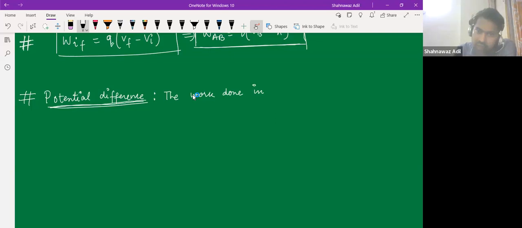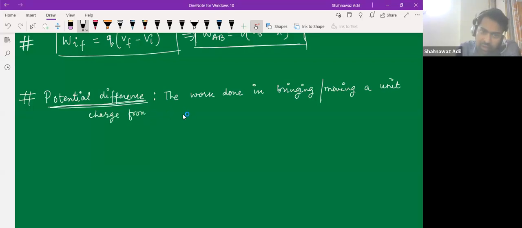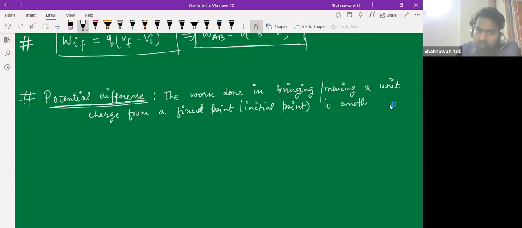So the work done in bringing a unit charge from a fixed point, or initial point, to another fixed point, let's say final point, that is called the potential difference.